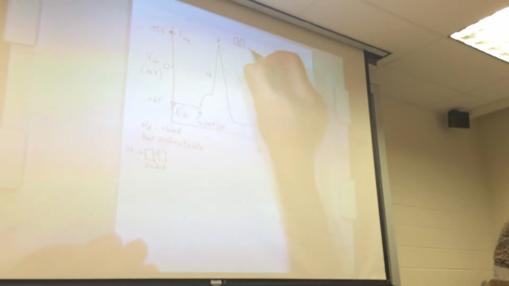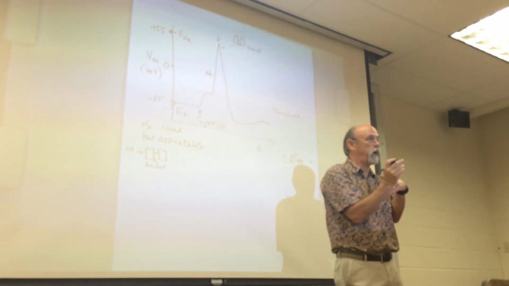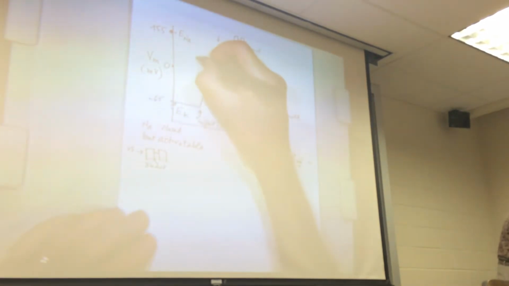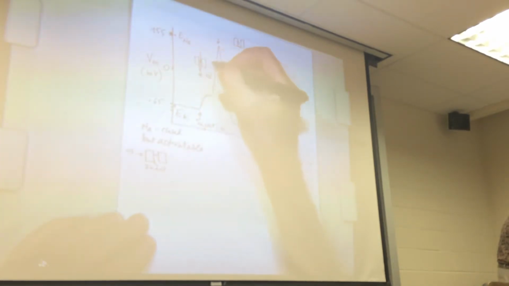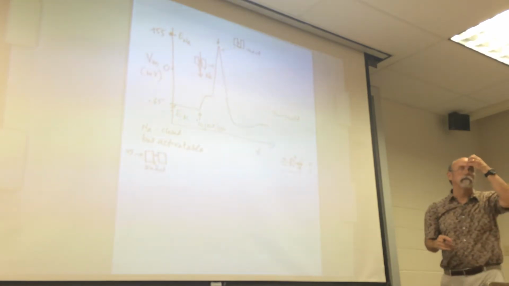So we'll just write it here, inactivation. It's inactivating. But before that happens, it's open on the way up, so they're both open. So ions are able to flow. That's what's happening all along here, right? Gates are open.